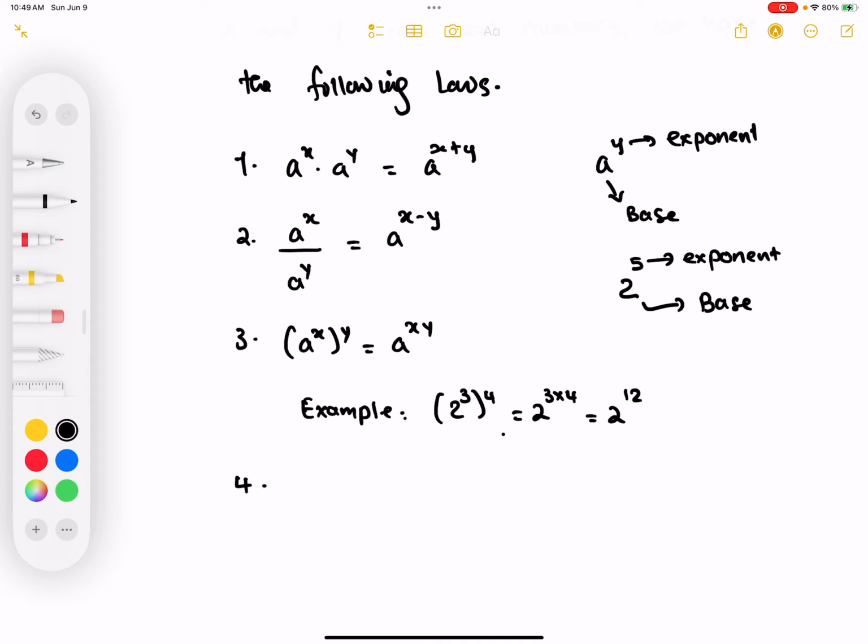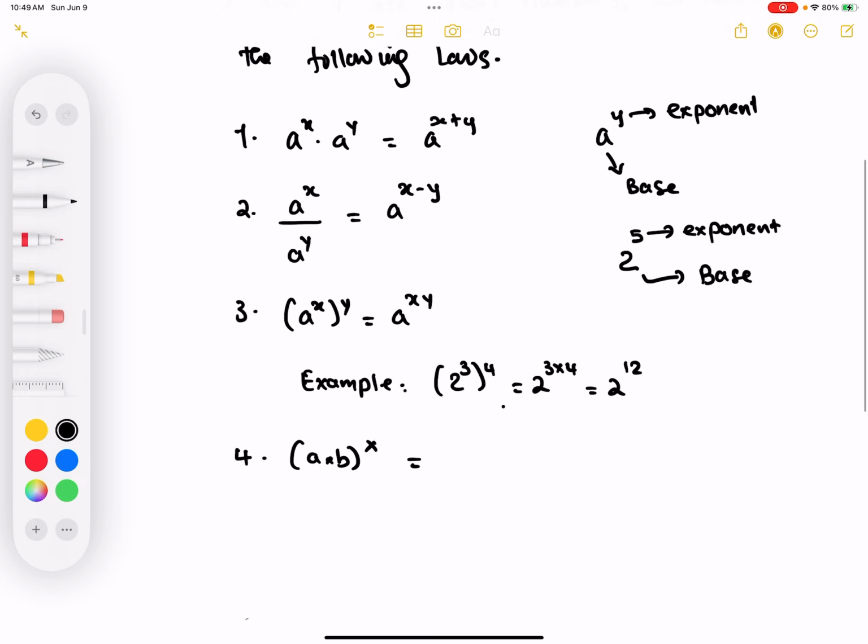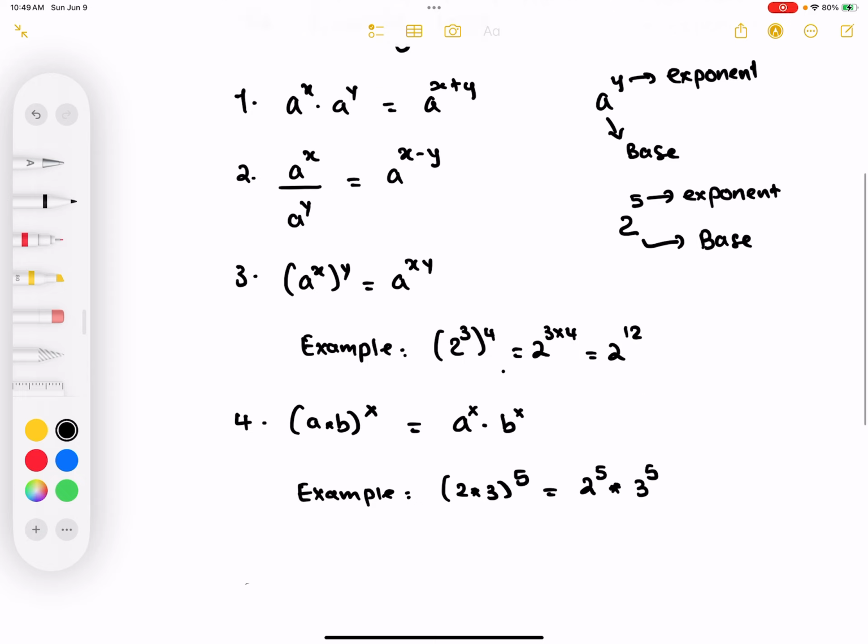The other important rule is, if you have different bases with multiplication, represented with an exponent x, this exponent goes to each base. For example, 2 times 3, raised to the power 5, is 2 to the fifth times 3 to the fifth.